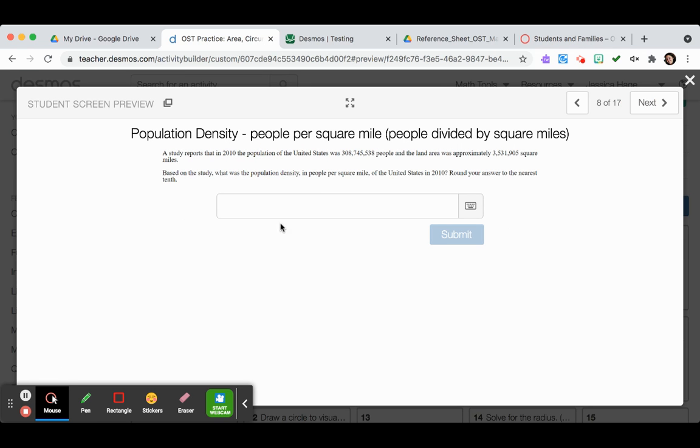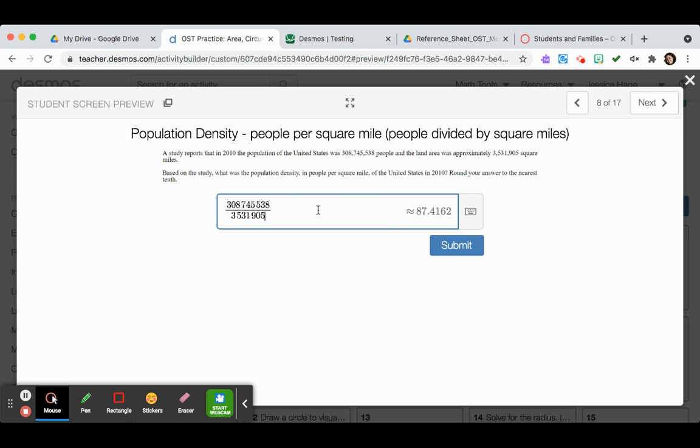Again, another population density. We're just going to divide, make sure we type it in correctly. So you have 308,745,538 people divided by our square miles, 3,531,905.